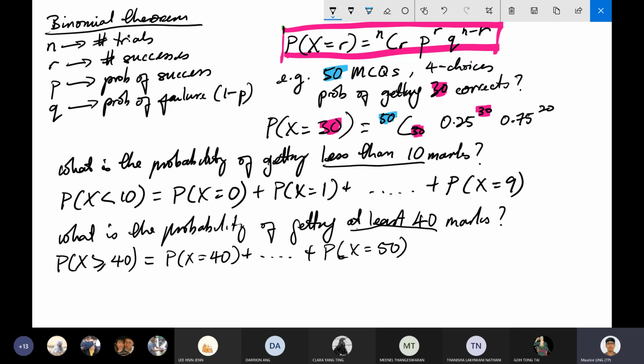If you want to do the opposite, you also can: 1 minus the probability of 0 all the way to the probability of 39. It's up to you. See which one is easier.